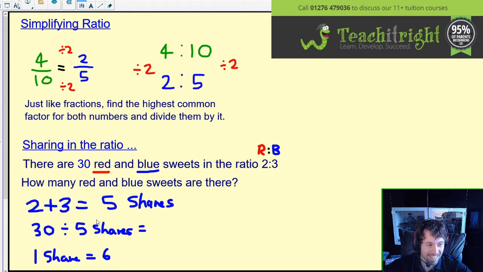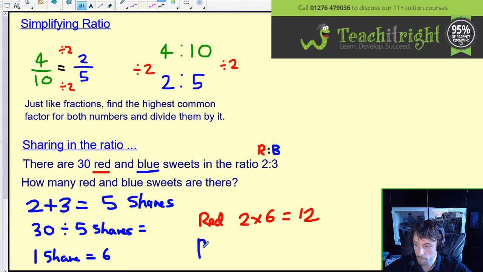In this case, I want to know how many red sweets there are and how many blue sweets there are. Well, for red sweets, because we've labelled clearly our ratio, I know that the red are going to get 2 shares. So red are going to receive 2 times 6, because it's 2 lots of 6, 2 shares. And that's going to equal 12.